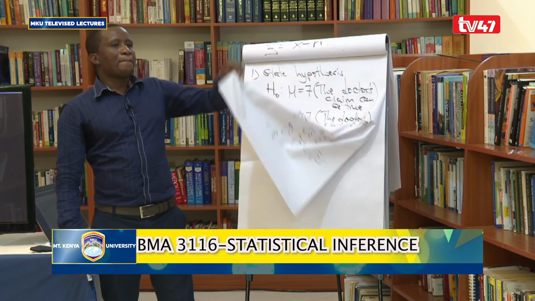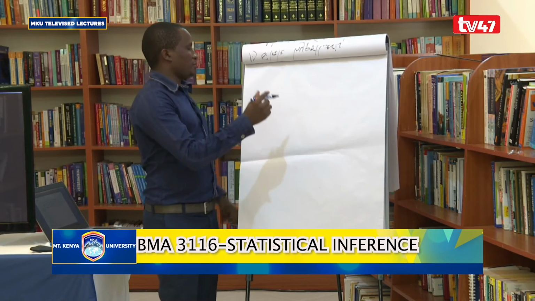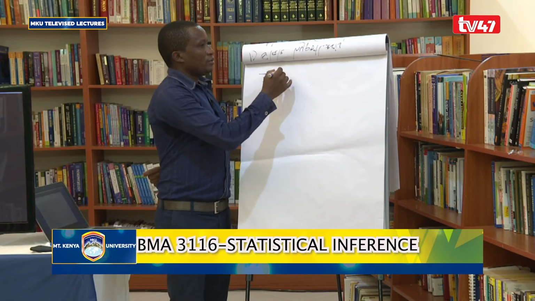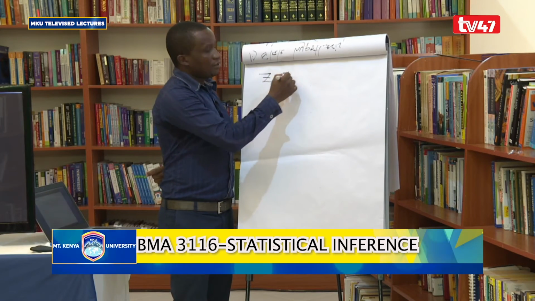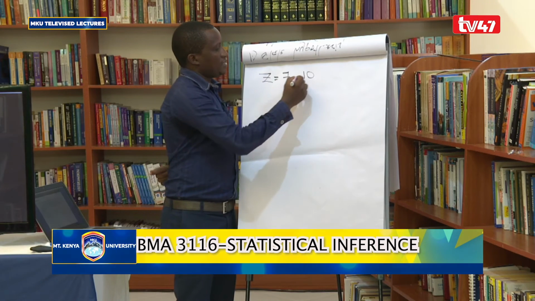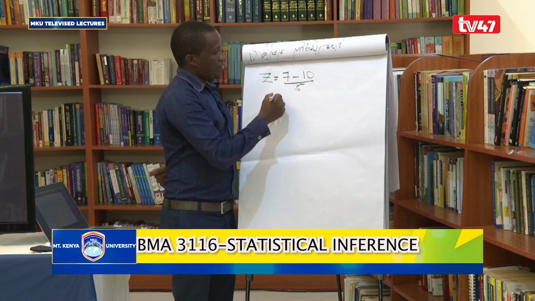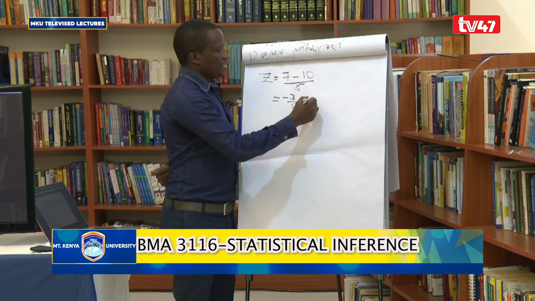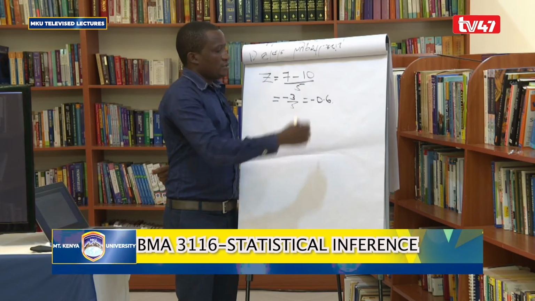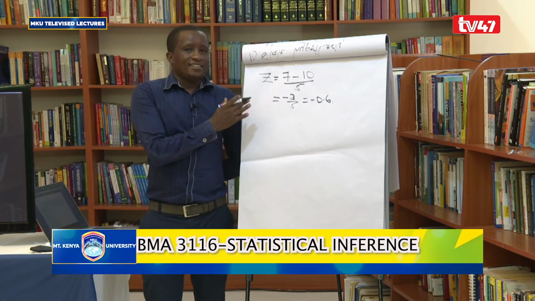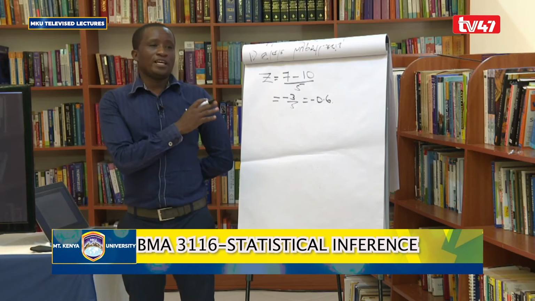So putting back into our equation, we have z equals 7, the value in the null hypothesis, minus the mean, divided by 5. We notice that this is negative 3 over 5, which is actually negative 0.6. So this is the test statistic we'll be using to make a conclusion.